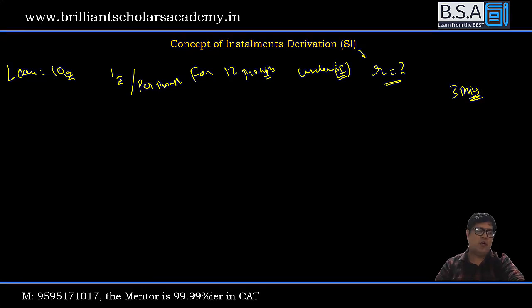At the end of January, February, March, at the end of every month, 1 rupee is being paid in the bank, or the loan is being paid back. What will be the rate of interest?